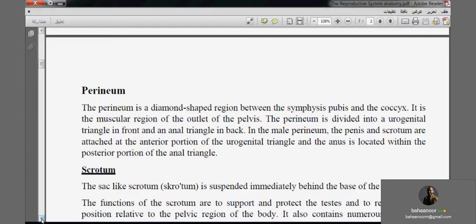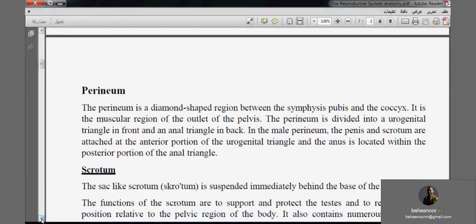The perineum is divided into a urogenital triangle in front and anal triangle in back. In male, the penis and scrotum are attached at the anterior portion of the urogenital triangle, and the anus is located within the posterior portion of the anal triangle.